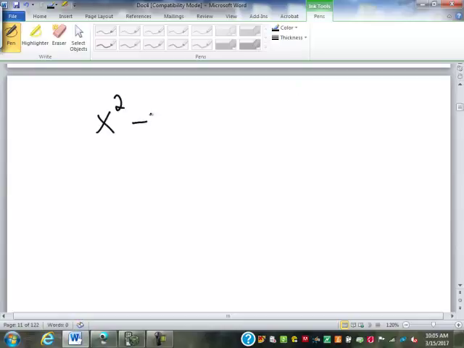Here we try this one. So again, there are no common factors here, so we're going to go to this reverse multiplication, or FOIL in reverse.